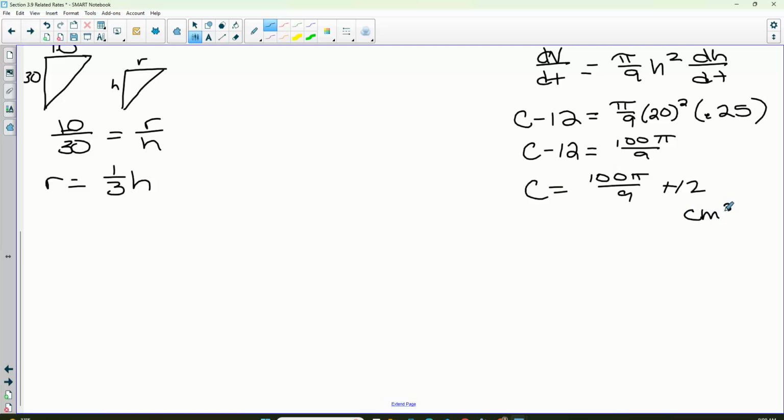Yes. Remember, that constant was our volume. Volume is always cubed, so it's our cubic centimeters per second. Any questions on that one?